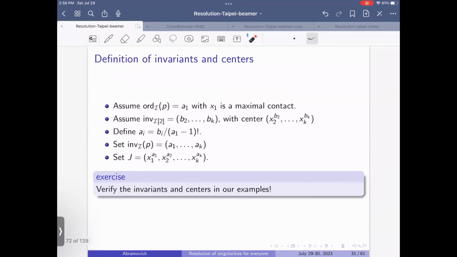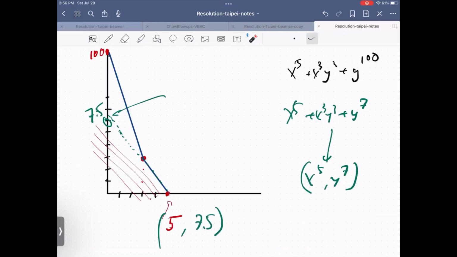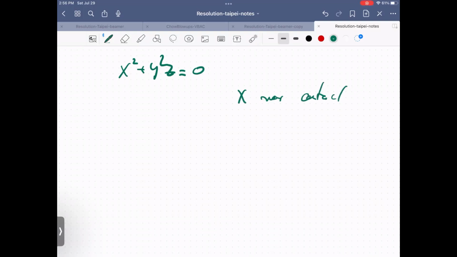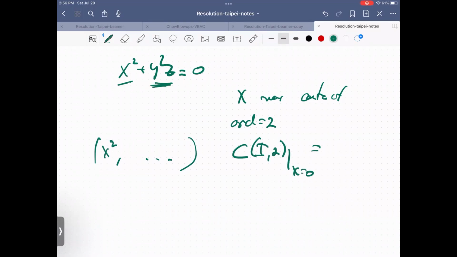So the exercise says verify the invariant and center in our examples. So I think I have time to do this in one example. So I did the example x squared plus y squared z equals 0. I said x is a maximal contact. Order is 2. So I need to have x squared and something. What is the something? The coefficient ideal I2 restricted to x equals 0. It turns out to be just this term.